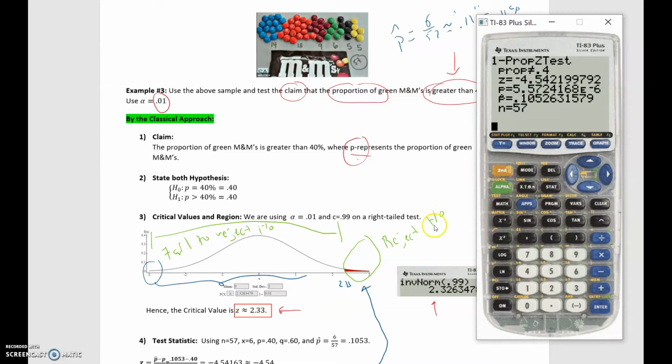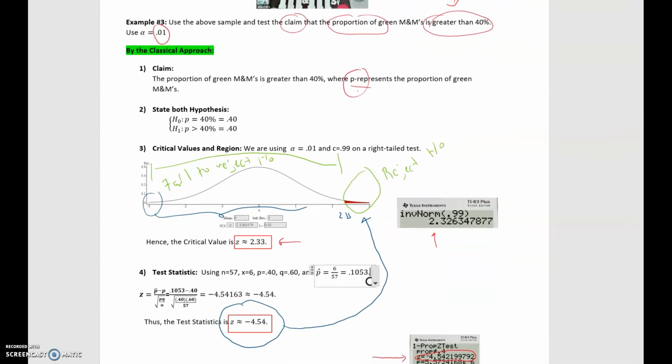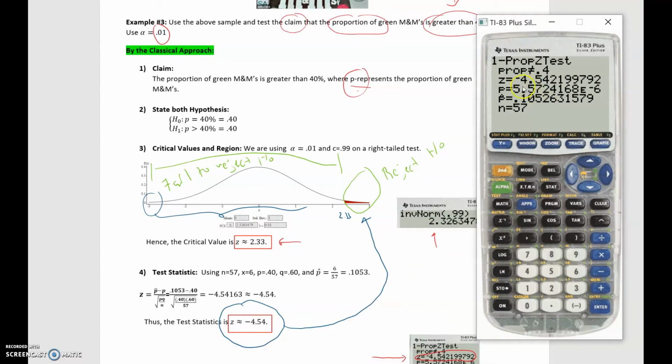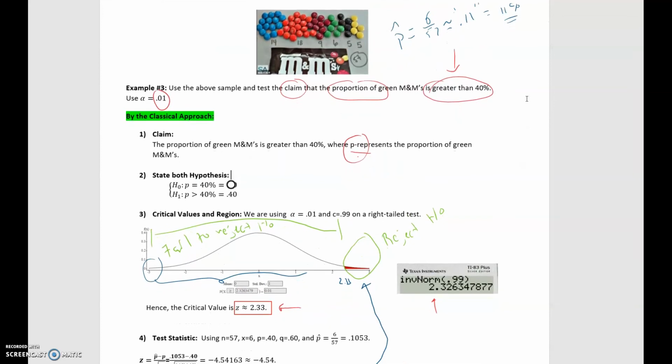Here you can see that the test statistic came out to be negative 4.54. They're not asking for the p-value, but here's the p-value on it. And technically here's your p-hat, which is 10%. That was just another way, or the code, to run the actual test. And that's actually it for this problem.